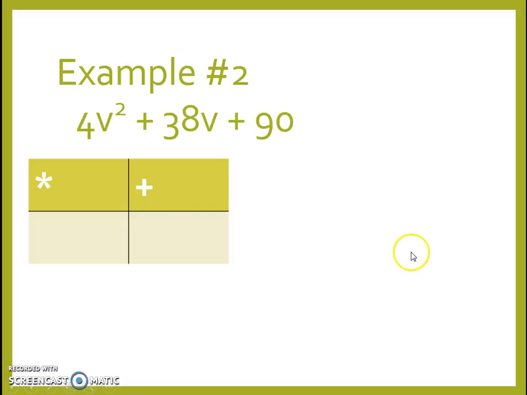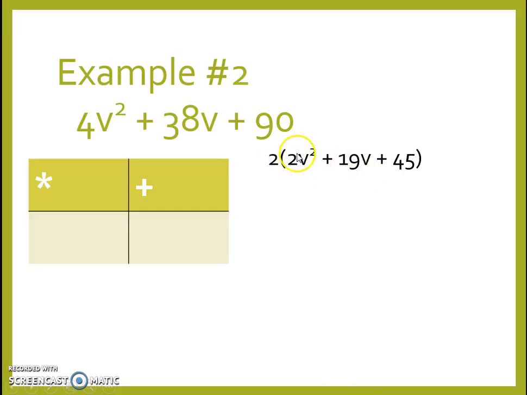So let's look at example number 2. We need to check first to see if there's a greatest common factor. There is here. I'm sorry, a 2 will come out of 4, 38, and 90. So when I divide each coefficient by 2, I'm left with 2v squared plus 19v plus 45.